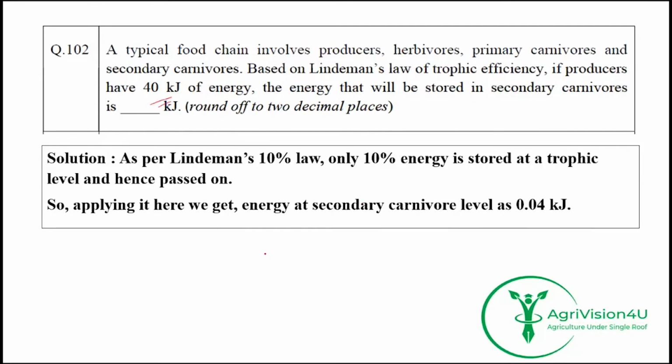So we have over here the producers, then we have the primary consumers, the primary herbivores, then we have the secondary consumers, we have the secondary carnivores.